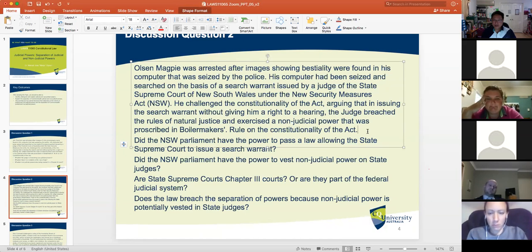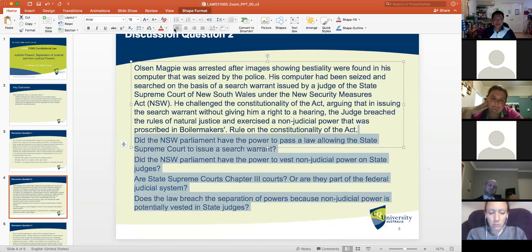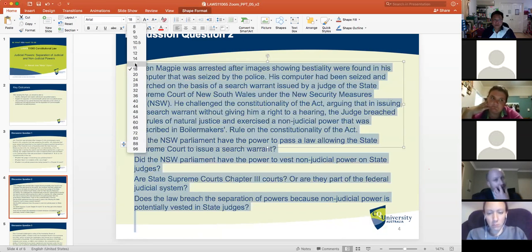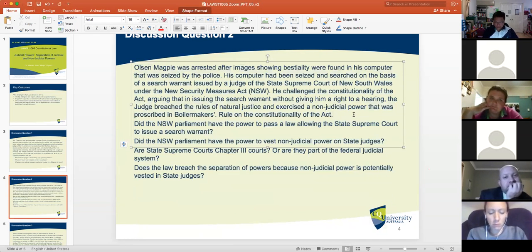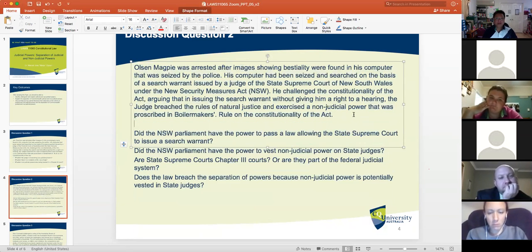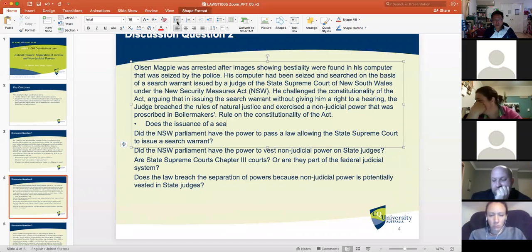Okay, very good. Can I just go to the chase now, if that's all right, because we're running out of time. So thank you for that point. Can I just suggest that one of the basic legal issues is, does the issuance of a search warrant, and we're talking of a judge of the state Supreme Court, involve the exercise of non-judicial powers?